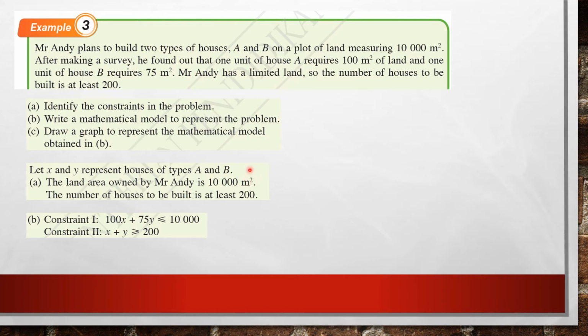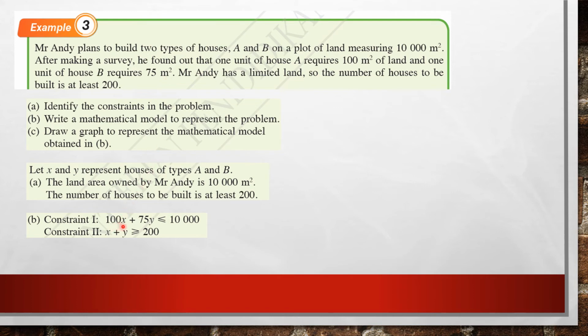He cannot go beyond this figure. So here we can find from the question that house A requires 100 meters square and one unit of house B requires 75 meters square.